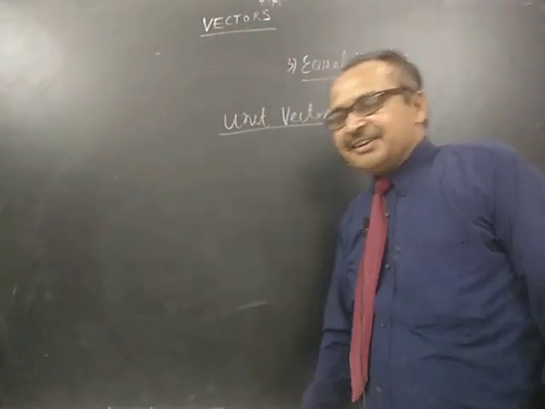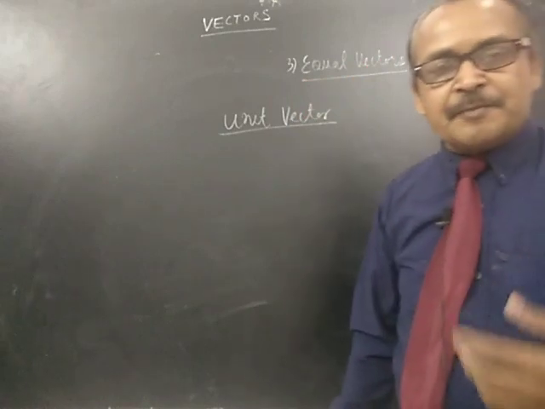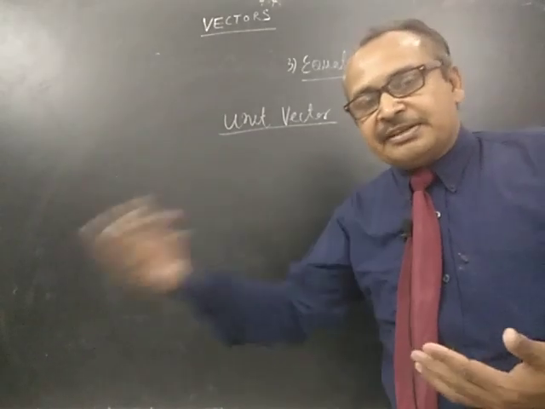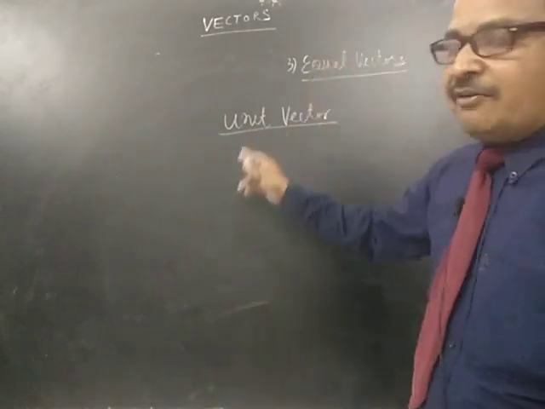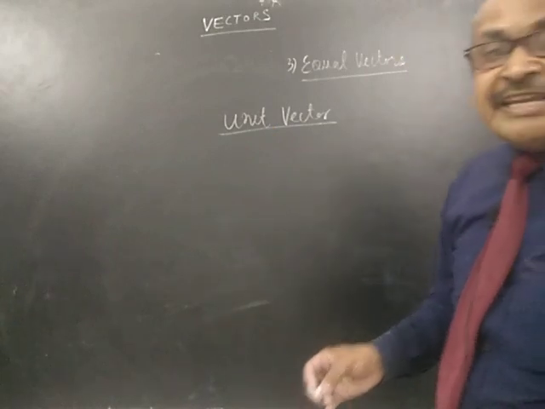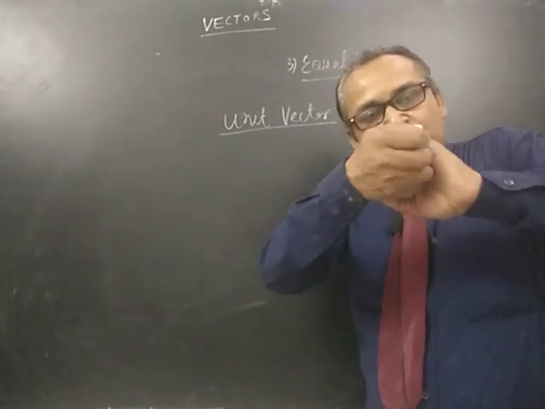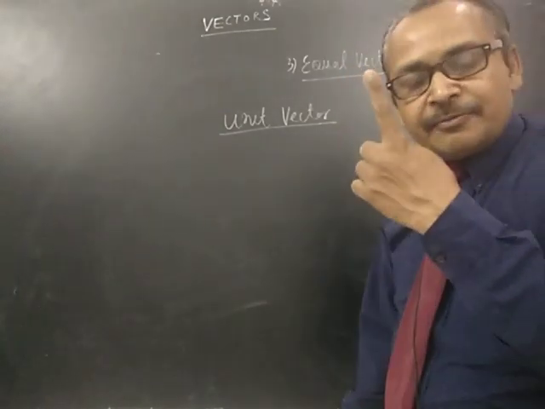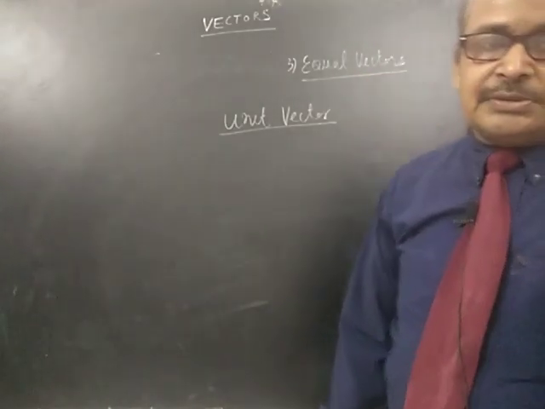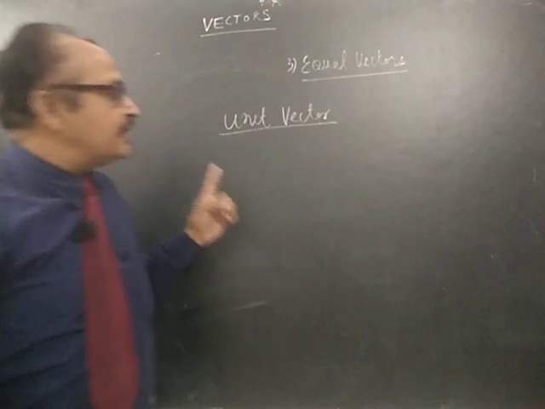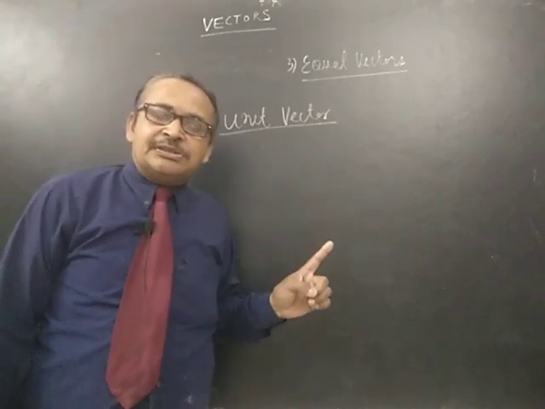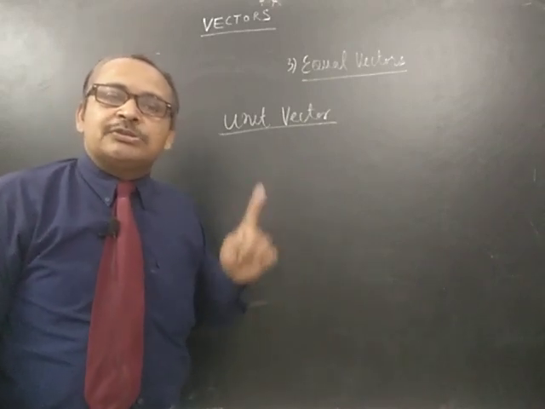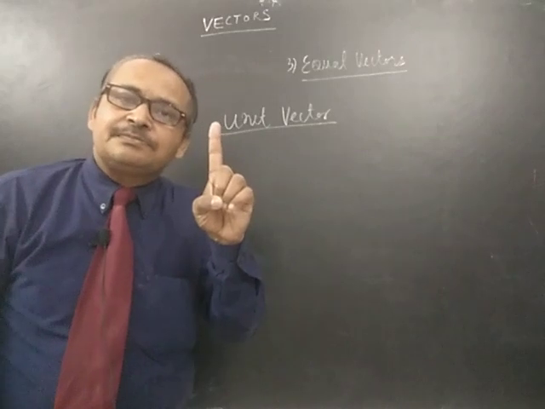No. What is the meaning of unit? Don't tell me, okay sir, like centimeter is the unit, meter is the unit. No. In our mathematical format, unity is not that communal unity. When we talk about unit, that is one. Is it clear? So when I say a unit vector, that means a unit vector is a vector whose magnitude is 1.